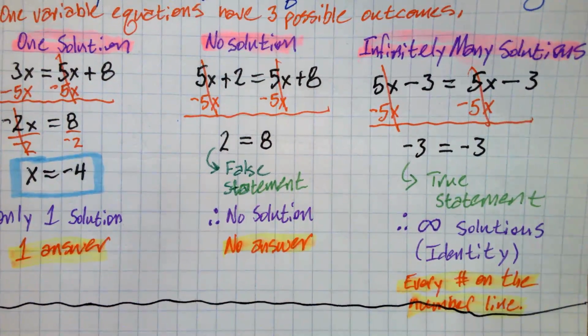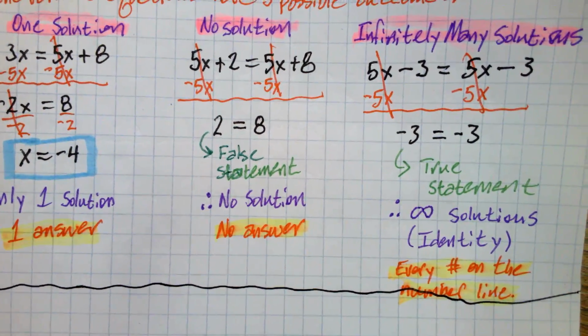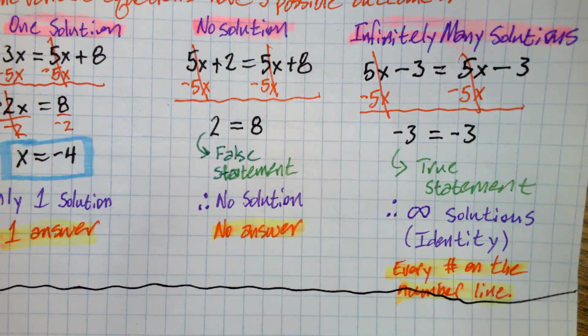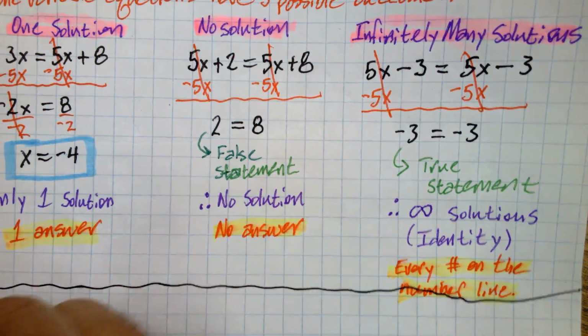Oops. Didn't mean to cross that over. Okay, I see a few people still finishing writing this up. So I'm going to give you a few examples here and see if you can figure out what to do or what we have. So this is what we're going to figure out.